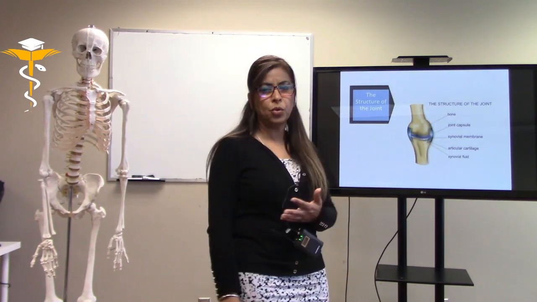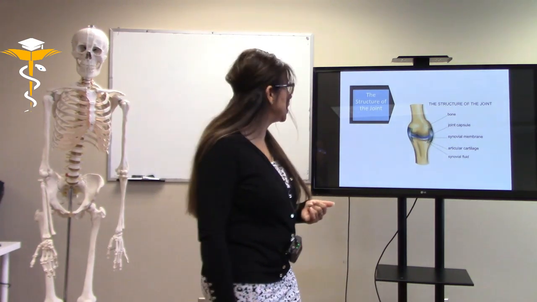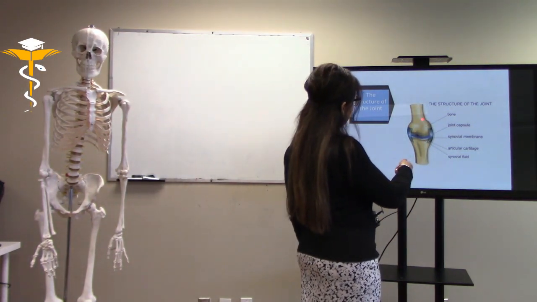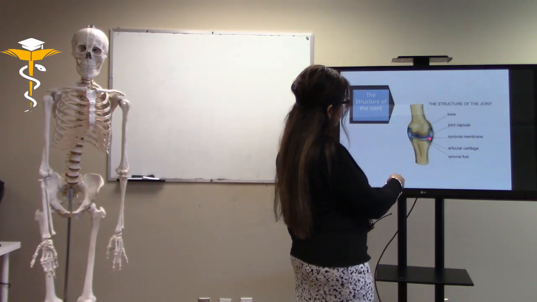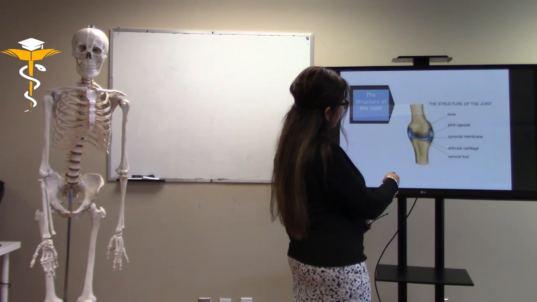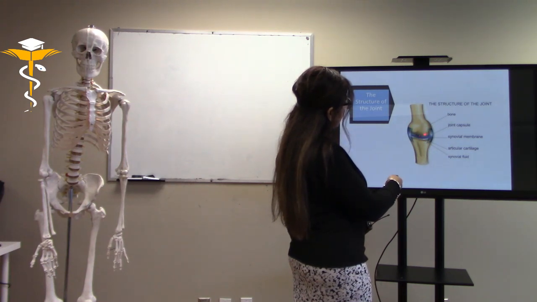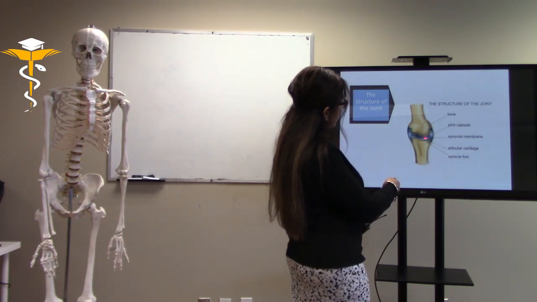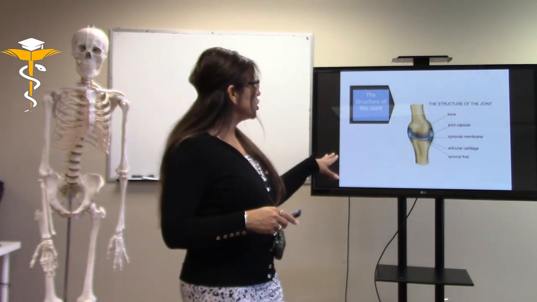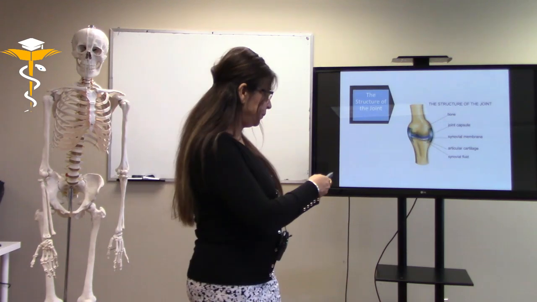As for the structure of the joint, this is the bone. Then we have the joint capsule. So the top bone, the bottom bone, and in between the two bones are the synovial membrane, the cartilage, and the synovial fluid. So that's the structure of the joint.